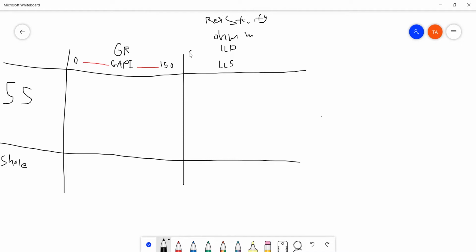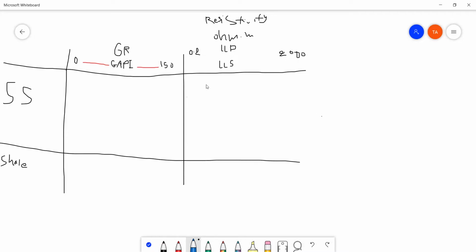So it starts with 0.2 and ends with 2000, for the shallow and deep.